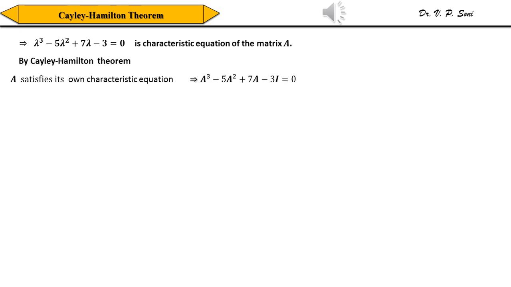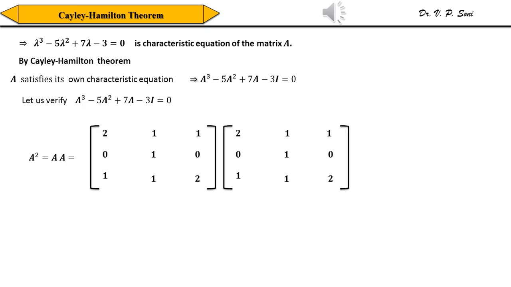Let us verify A cube minus 5A square plus 7A minus 3I equal to 0. First we find A square. A square equals A into A. Therefore, we get matrix A square whose first row is 5, 4, 4, second row 0, 1, 0, third row 4, 4, 5.